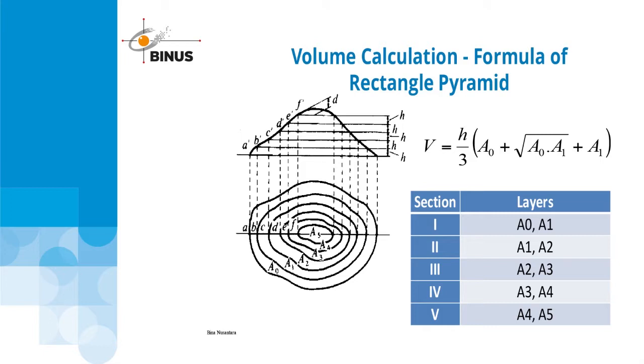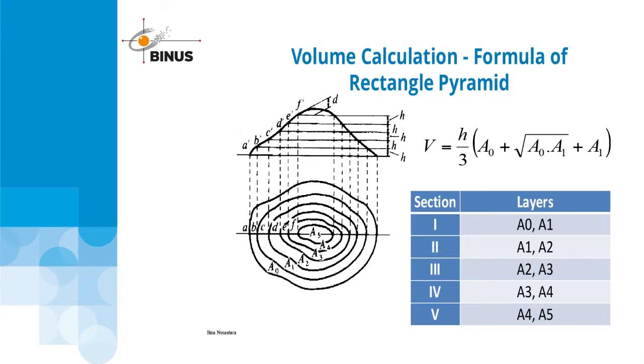So, to use the formula of rectangle pyramid for this case, there will be 5 sections of volume needed to be calculated. Section 1, using the areas A0 and A1. Section 2, using the areas A1 and A2.